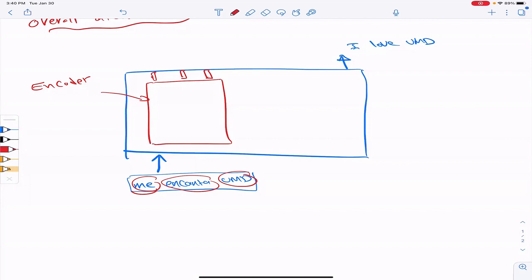So probably you are familiar with word embedding, right? So you can embed a word or a token to a vector. So if I do that, I'm going to get an embedding for the first word, an embedding for the second word, an embedding for the third word. Okay, fantastic, right? So I have my vectors, then I should be done.